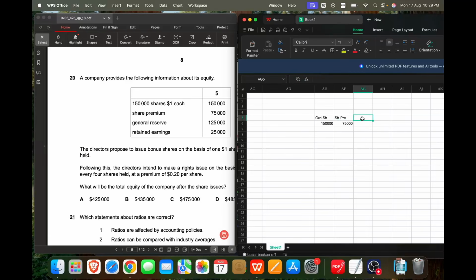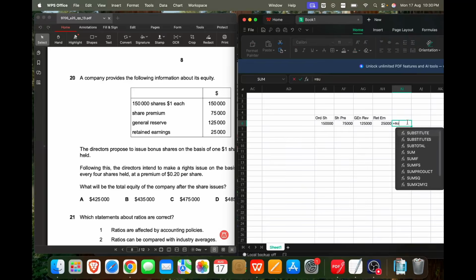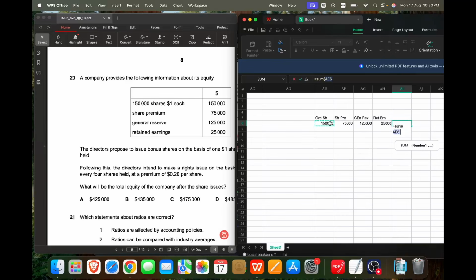Then we have general reserve, this is 125,000, and then we have retained earnings, that is 25,000. Now if we add all of this, this is my total equity on this date.